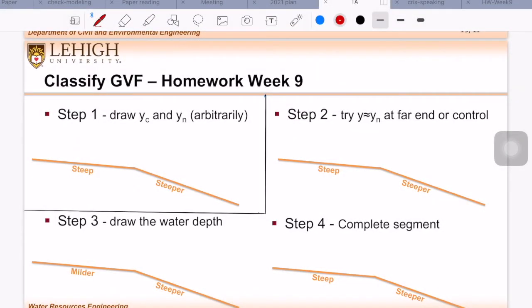For this problem, the first step, we still need to draw the critical depth and the normal depth.